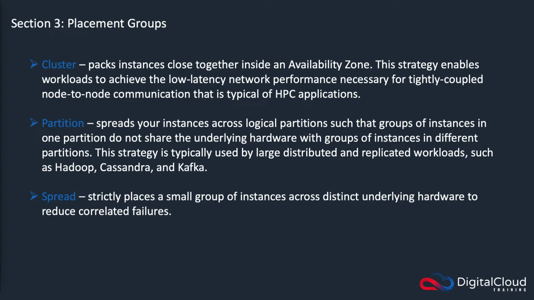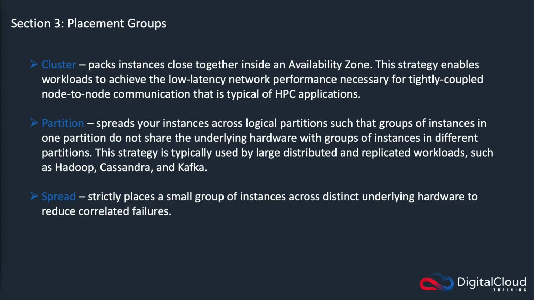So you don't really know if, let's say you launch two instances that are part of some kind of application cluster, whether they're sitting on the same underlying host, the same physical server, or whether they're spread across different servers. Because of application clustering, you might want to control that. You might also want to make sure that your instances are placed very close together so they have better node-to-node communication. So that's what placement groups are.